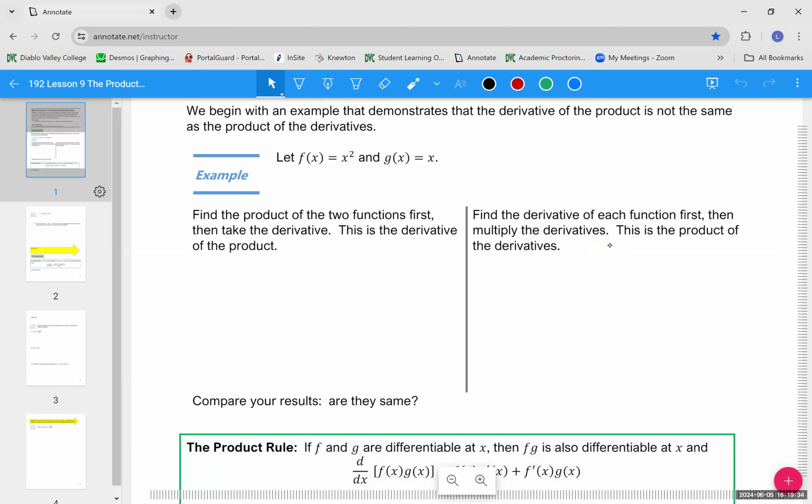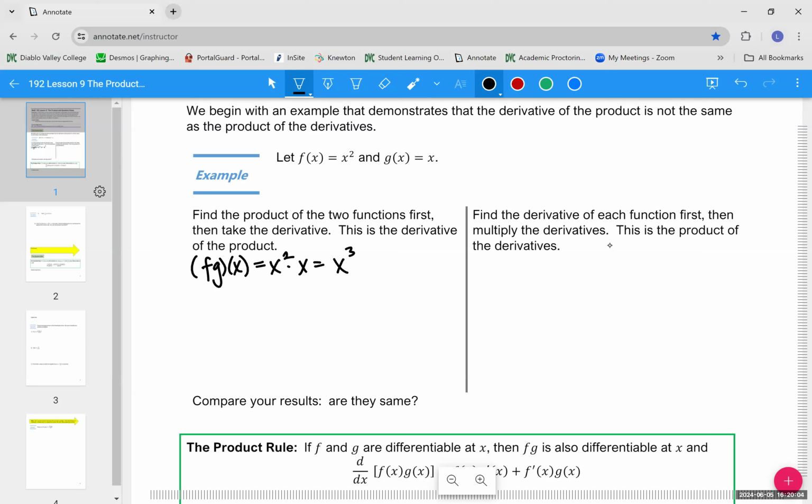So what we're going to do is just a really quick example that shows us why we need the product rule. We're going to look at f of x is x squared and g of x is x. On this left side, we're going to start by finding the product of these two functions. So we're going to multiply f and g, which would be x squared times x, so x cubed.